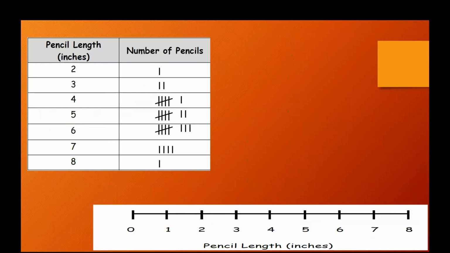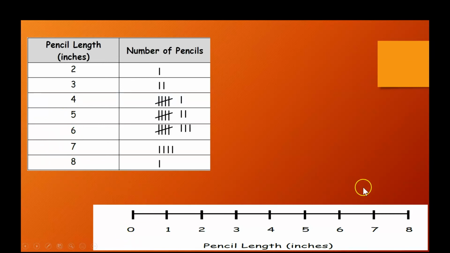Alright, we have another chart here, and this is pencil length. And you can see that in parentheses it says in inches. So we know that these numbers down here mean that it is in inches. So 2 inches, 3 inches, 4 inches, 5 inches, 6 inches, 7 inches, 8 inches.